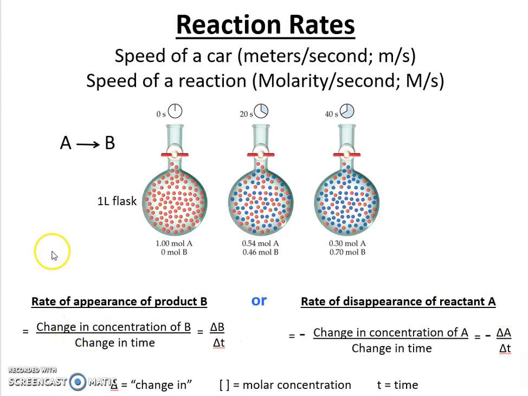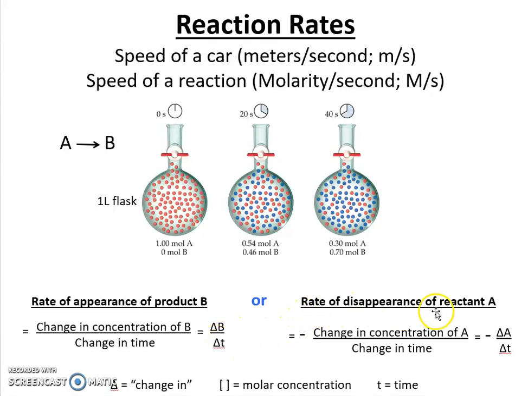When we think about the rate of appearance of product B, it's the change in concentration of B divided by the change in time. So we have delta, and then brackets around B, which is the concentration of B. So the change in the concentration of B divided by the change in time.